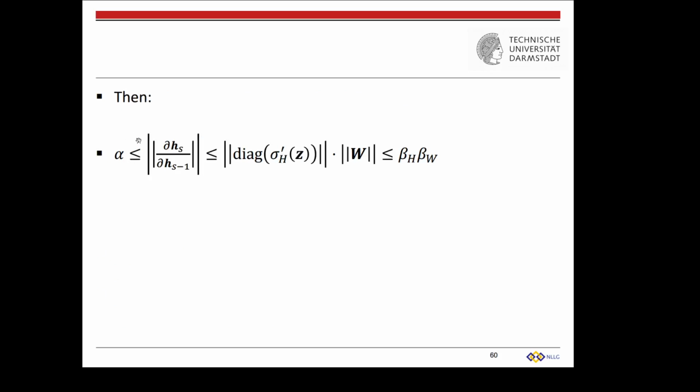So let's look at this again and write it down in a formula. We assume that alpha is the lower bound for the norm of this vector that we are investigating.